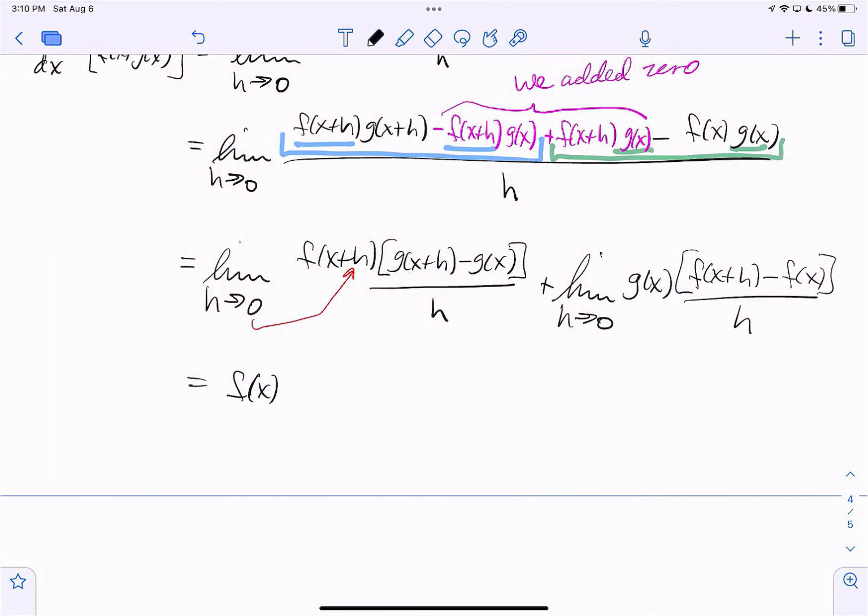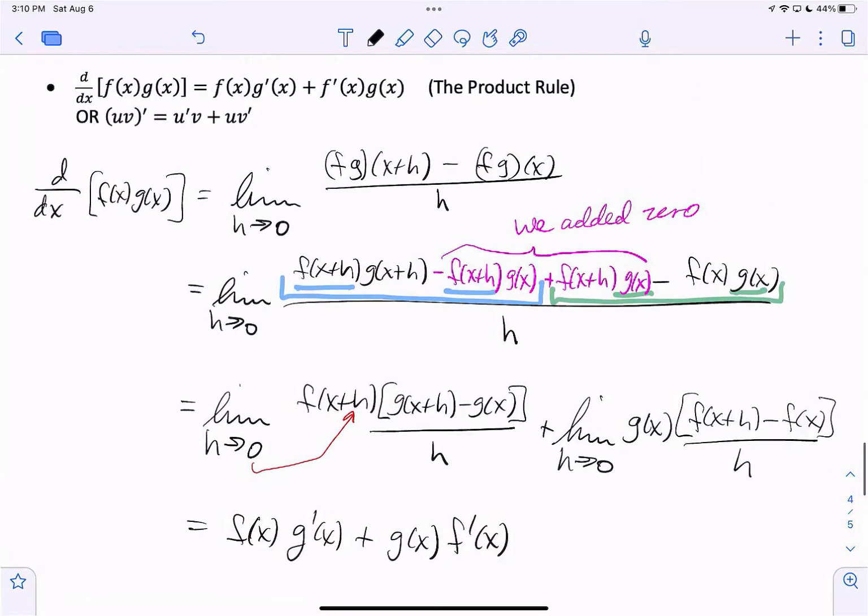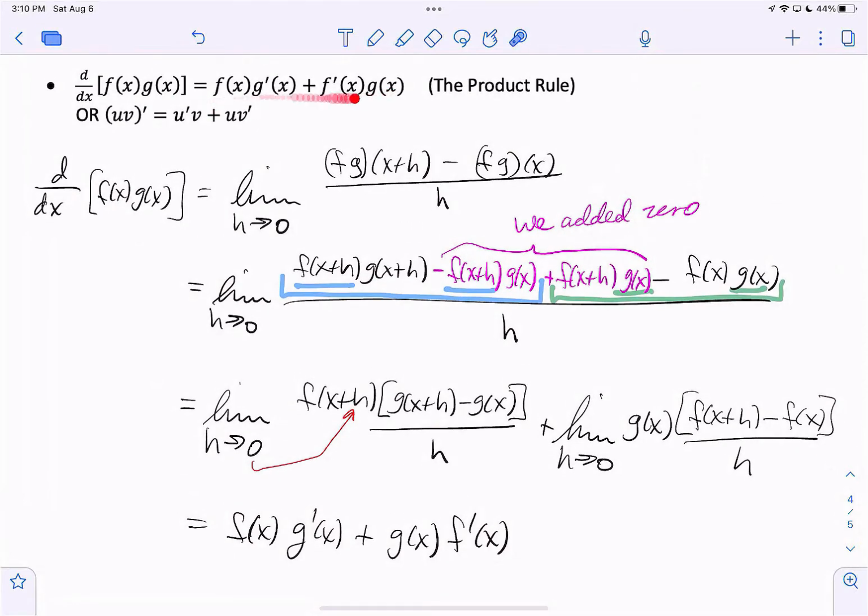Well, that is g prime of x. As for the second term, as h approaches 0, g of x is g of x. And then we have f of x plus h minus f of x over h. As h goes to 0, that's f prime of x. And so you can see where this expression here for the product rule comes from.